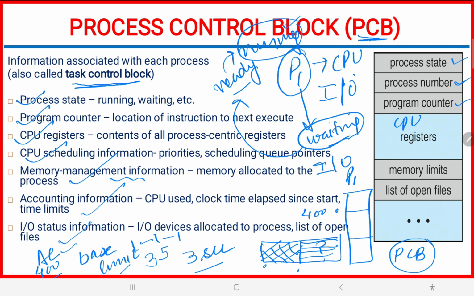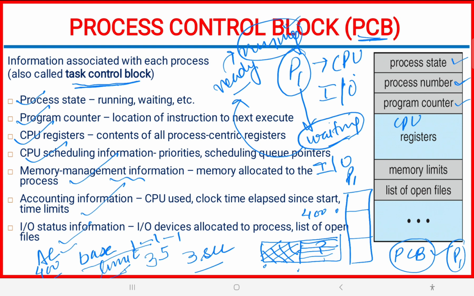If they are 35, that means beginning from 400 till 435, the next 35 locations are reserved for the process which this process control block is about. If this process control block is about process P1, the base specifies the beginning address and the limit specifies the corresponding number of locations which are reserved for this process P1 with regard to its working.